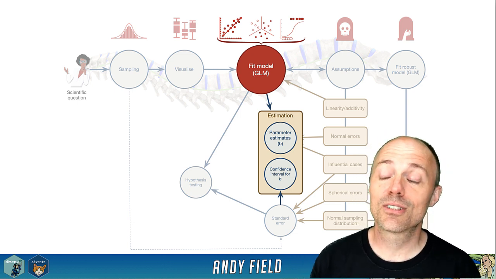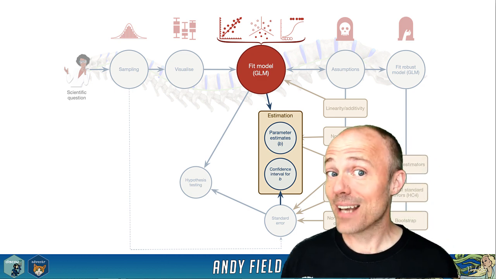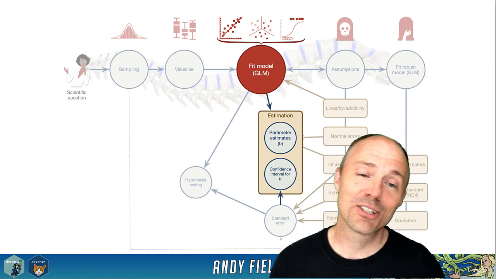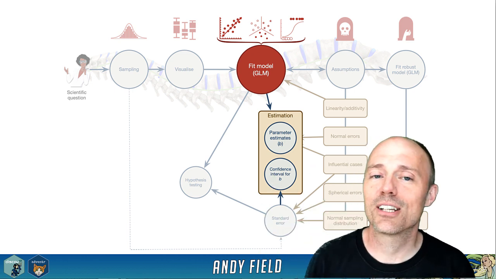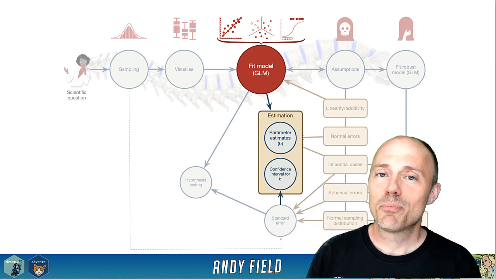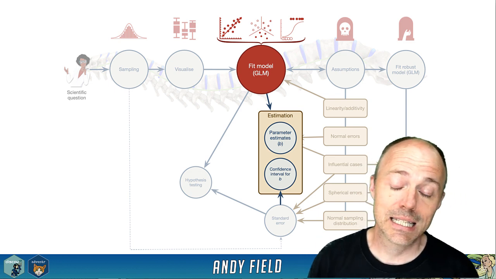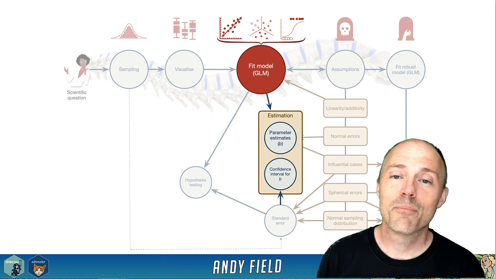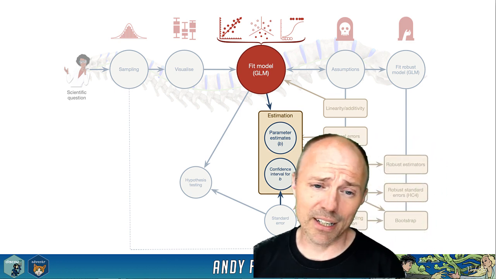It has the name general, right? And there's a reason for that, which is it's a model that can adapt to a variety of different situations. And we're going to look at how this particular model is a more useful way to think about psychological statistics than how it is often taught or often presented historically.